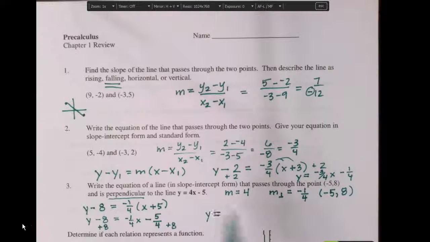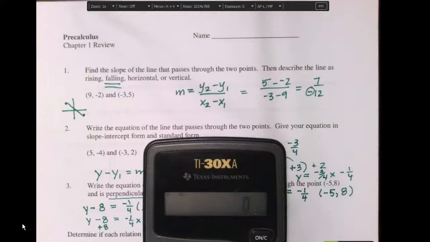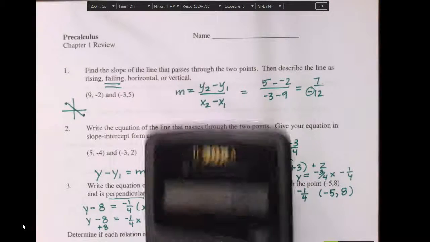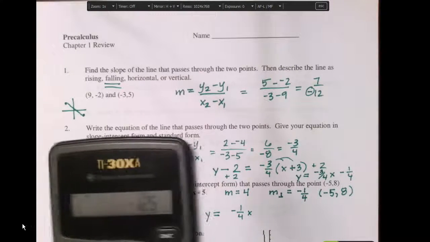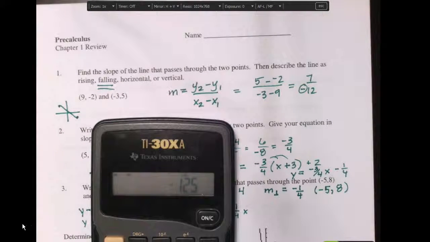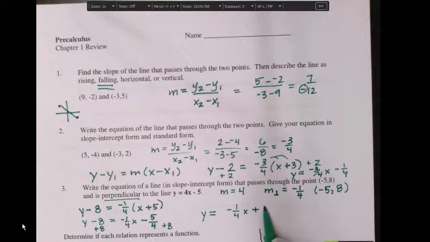So y equals negative 1/4 x, and negative 5/4 plus 8, I'll just use my calculator, negative 5 divided by 4, oh, there is a decimal point in there, so negative 5/4 plus 8, 6 3/4 or 6.75. So there's my equation of my perpendicular line.